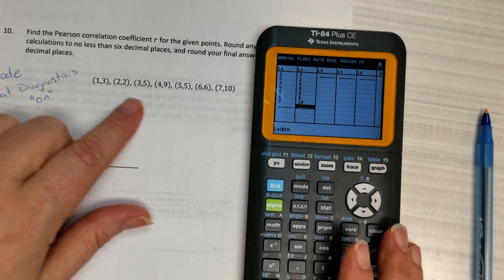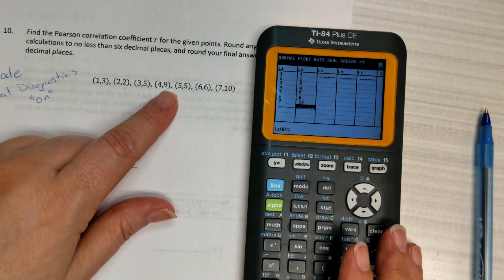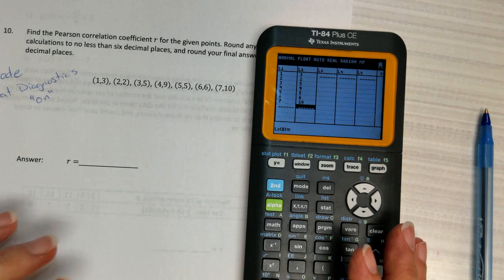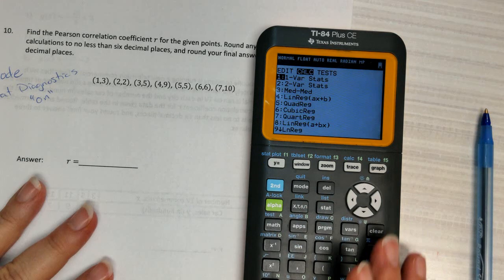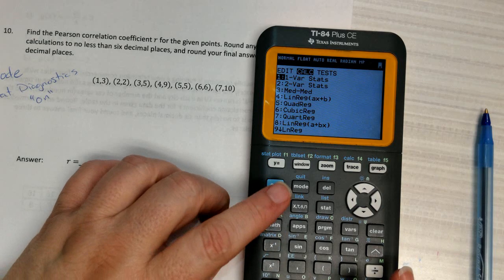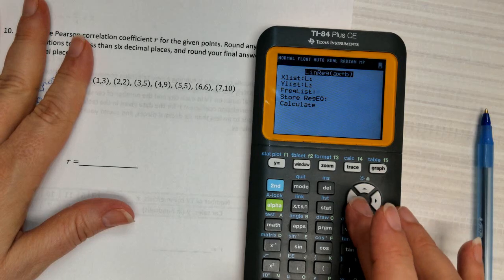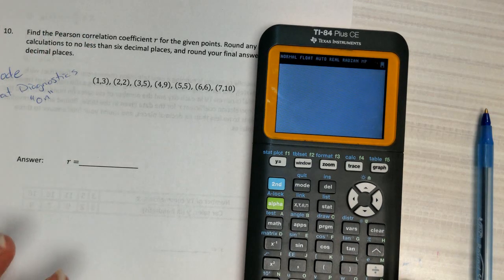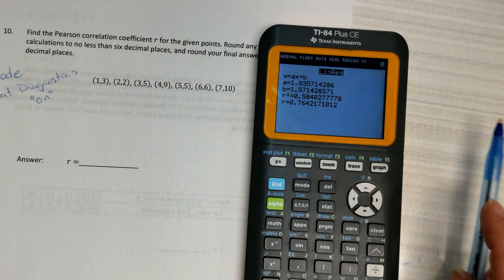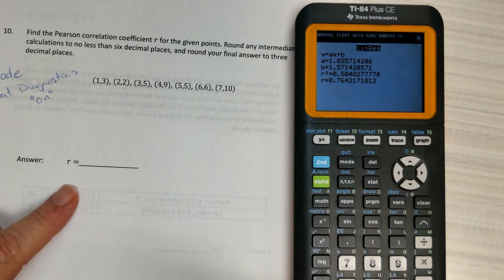Okay, I got to double check my numbers. 5, 9, 5, 6, okay. And I go back to calculate again. I'm going to do 4 again, my linear regression. And there, my R is 0.764.